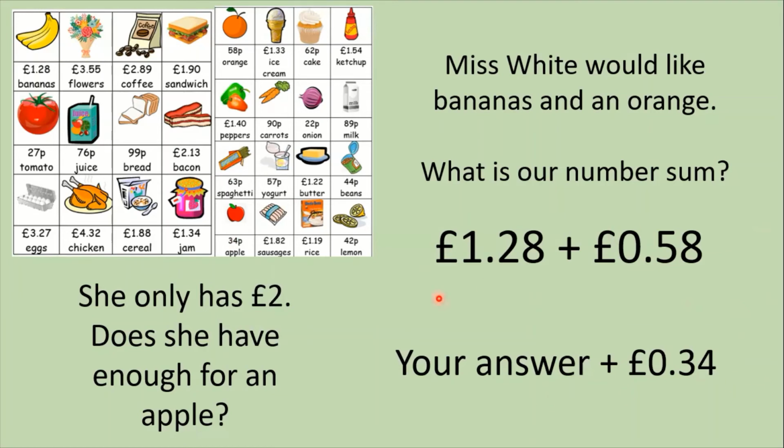See if that answer here is below £2. If it's above £2, it means she doesn't have enough. Maybe you could tell her how much more money she needs if she wants bananas, an orange, and an apple. So pause the video now and have a go at working that out.